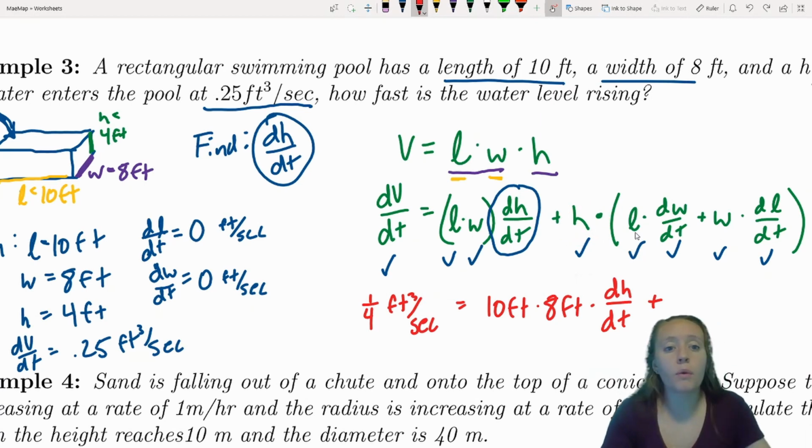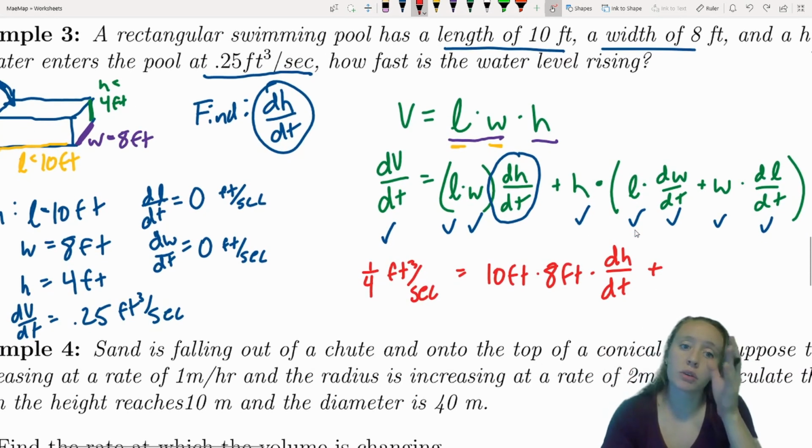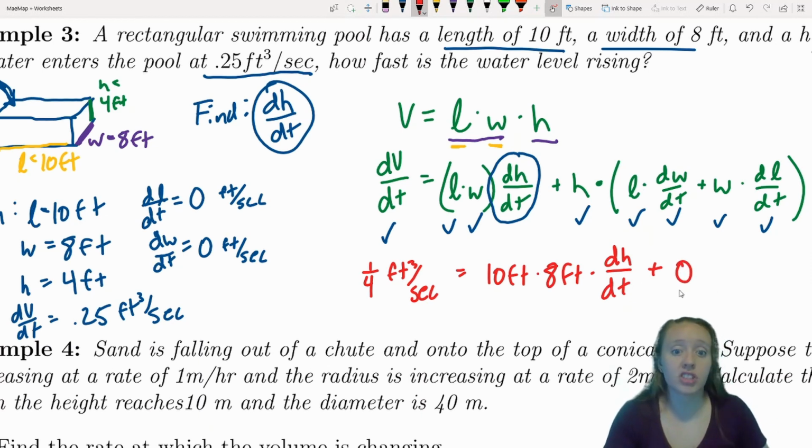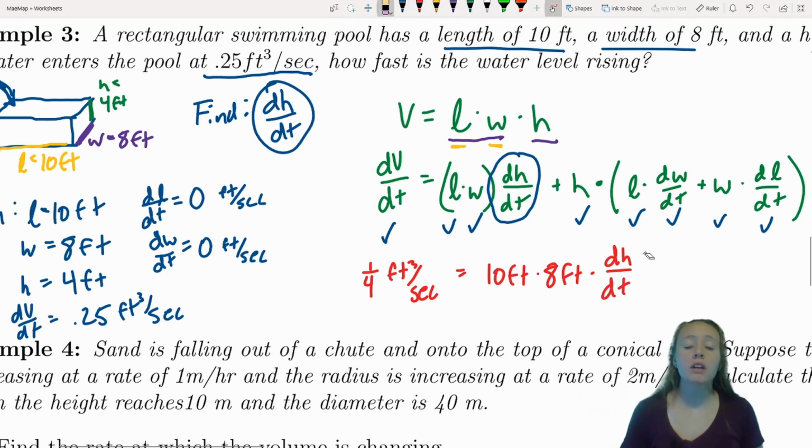So even though I know all of that information, because dW/dt and dL/dt are 0, what I'm adding is 0. So plus 0, or I don't even need to include that in my problem. So I have 1/4 foot cubed per second is equal to 10 feet times 8 feet times dH/dt.